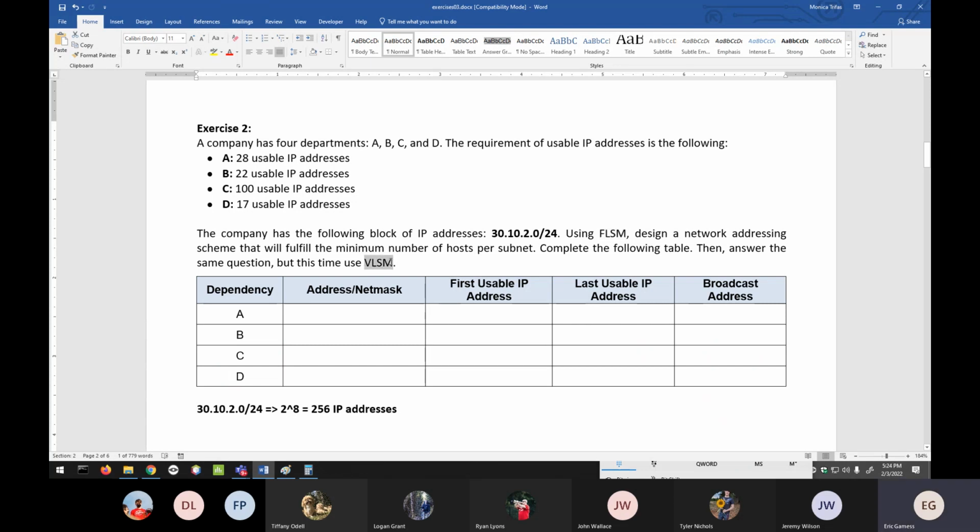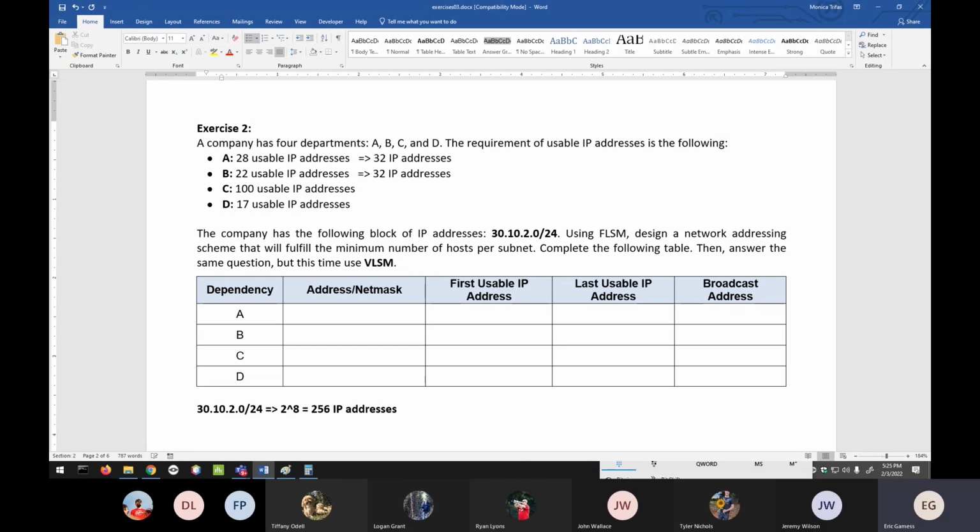I'm going to do subnets with different sizes. So how many IP addresses should I give to A? 32 IP addresses in total, no? How many should I give to B? 32 also. So they are happy.